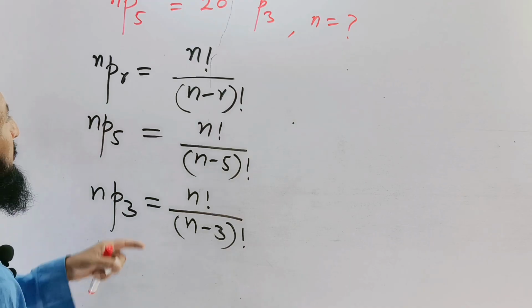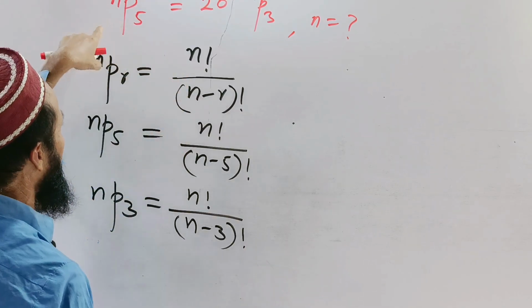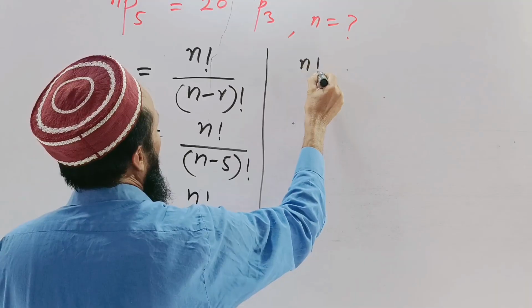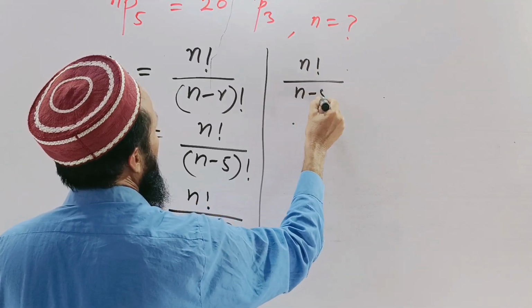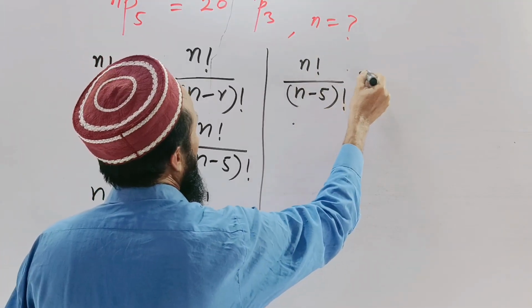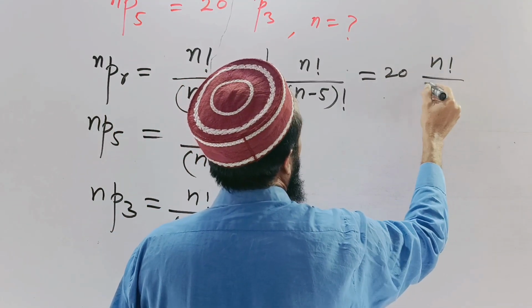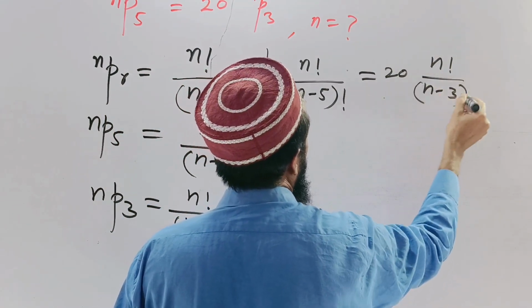According to this rule we substitute the result here: n factorial divided by (n minus 5) factorial is equal to 20 times n factorial divided by (n minus 3) factorial.